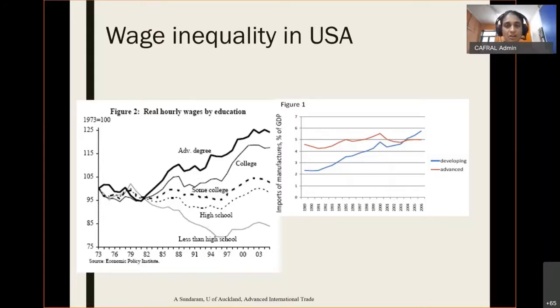Which is a large economy that is abundant in unskilled labor. And what the Heckscher-Ohlin theorem tells us is that once the US opens up to trade with China, it's going to start importing unskilled-labor-intensive goods from China, because that's where China has a comparative advantage. And that is going to decimate manufacturing, and it did.